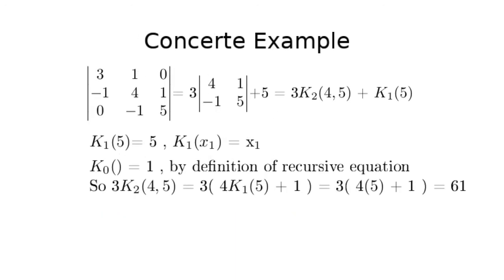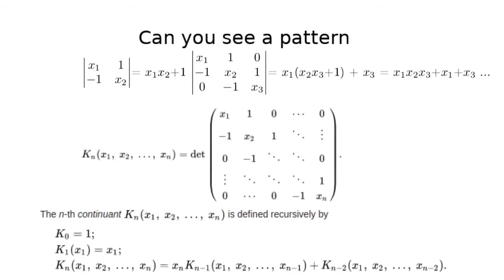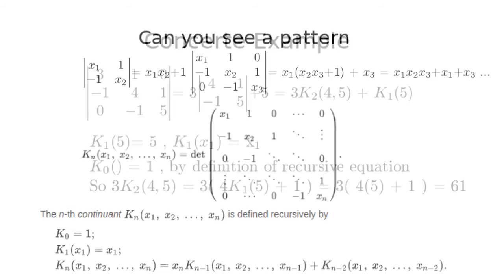The next thing, we'll do a little concrete example. This one is just a simple one. Remember, a 0x0 matrix is not really a matrix, and we define it in the recursive equation as 1.